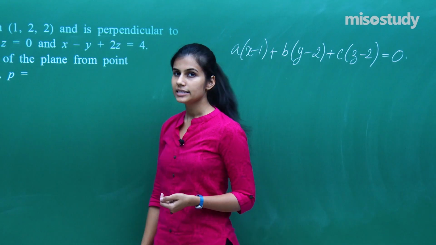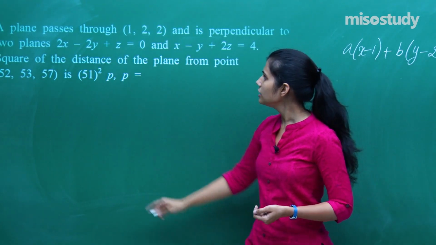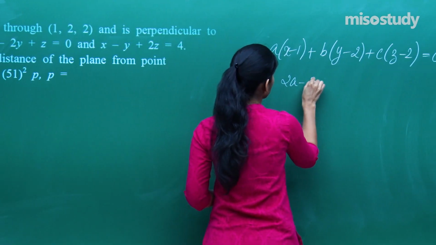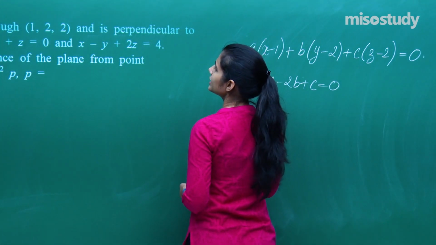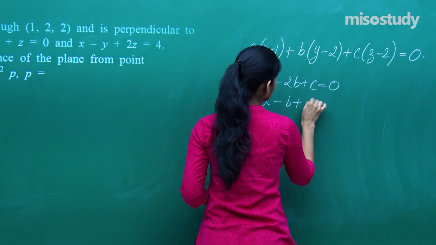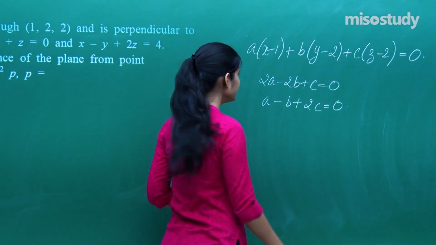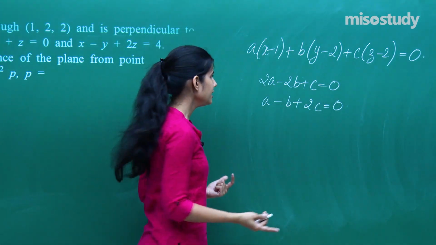Now because this is perpendicular to these two planes, you get 2A − 2B + C = 0, and you also get A − B + 2C = 0. Fine. The dot product of their normal vectors is basically 0.